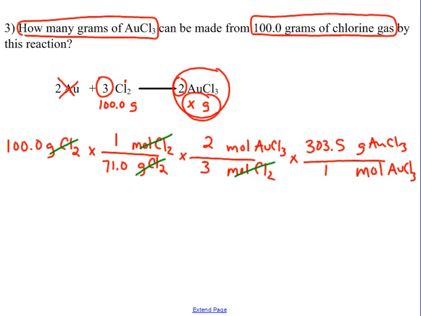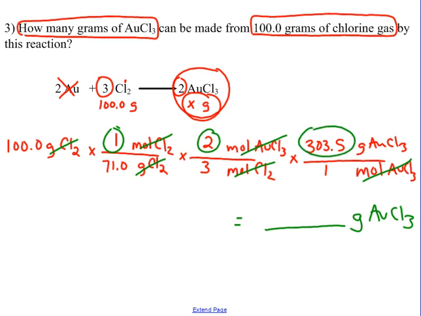If we leave the problem here, moles of AuCl3 will cancel, and your final unit will be in grams of AuCl3. And in your calculator, 100 times 1 times 2 times 303.5. Hit the equals button in your calculator, and then you will divide by 71.0, hit the equal sign, divide by 3 again.